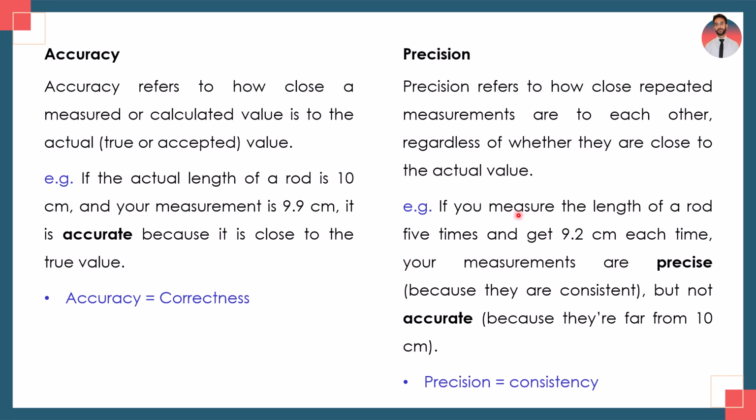For example, if you measure the length of a rod 5 times and get 9.2 centimeter each time, your measurements are precise because they are consistent, but not accurate because they are far from 10 centimeter. 10 centimeter is the actual value और वो actual value से काफ़ी ज़्यादा दूर है, इसलिए ये आपस में तो precise हैं, लेकिन actual value से इसका difference बहुत ज़्यादा है, तो this is called precision. और precision में आपके पास consistency होती है, this is also called consistency. This is the difference between the accuracy and precision.